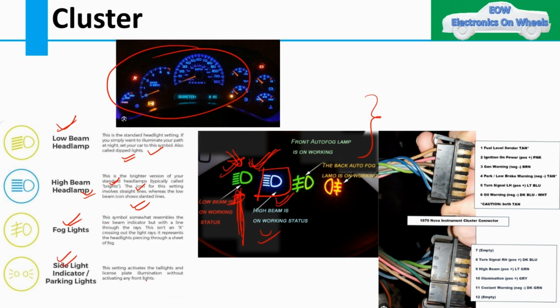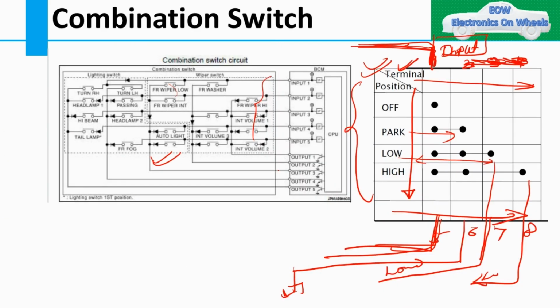But what is the parking light? I will just tell you that this setting activates the telltale and license plate illumination without activating any front light. So the high beam and low beam will not be on, but your parking light or telltale will illuminate. But one question I want to ask: when you see this connection, when your combination switch is in the low position, this connection is already made, if you see here.